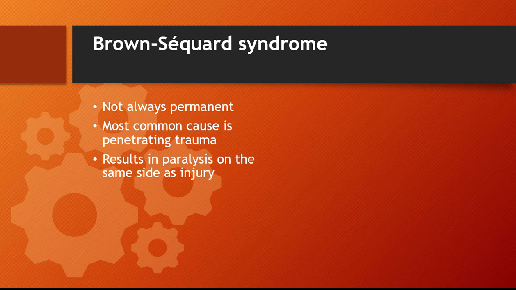With Brown-Séquard, it is not commonly seen right now as far as coming from a medical cause. The most common cause of Brown-Séquard syndrome is going to be penetrating trauma, usually from a gunshot wound or a stab wound that goes into the spinal cord.